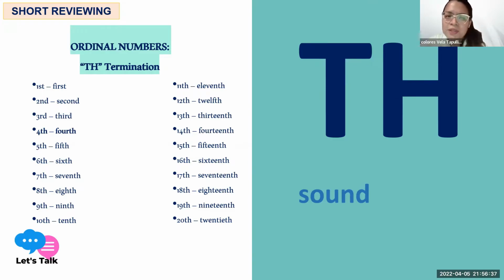We can relate with the ordinal numbers because most of these use a TH combination at the end of each word. For example, these TH combinations are going to start from the number 4 in the ordinal numbers and continue in an infinite way.